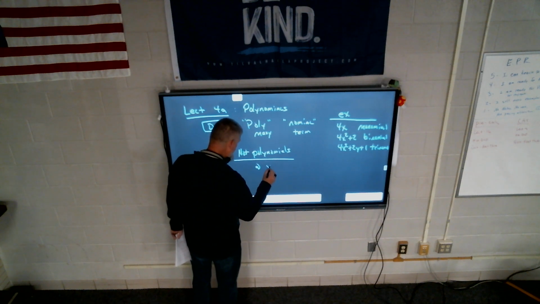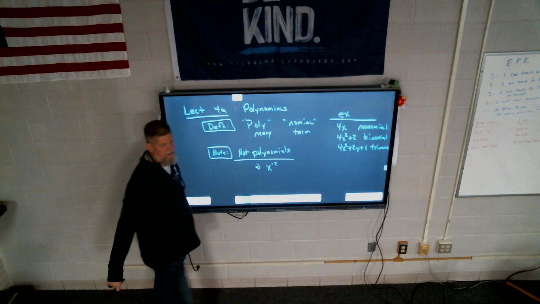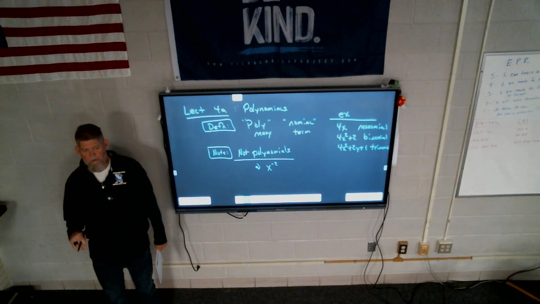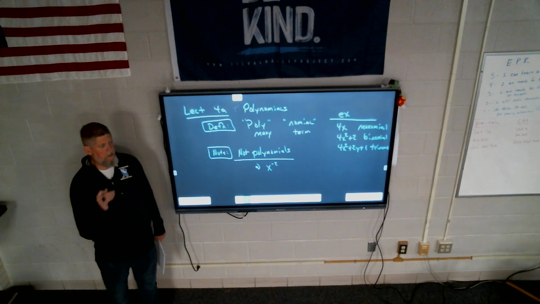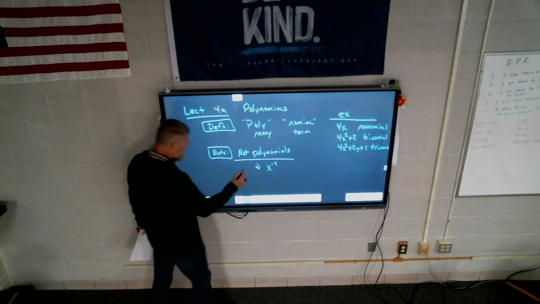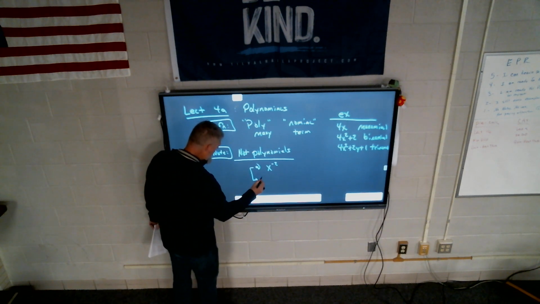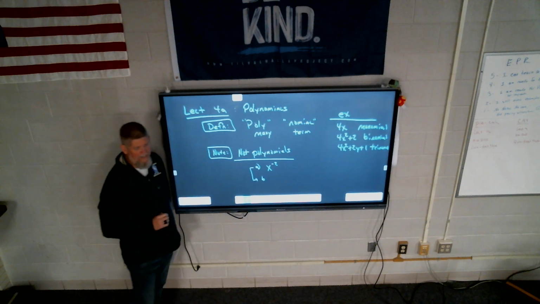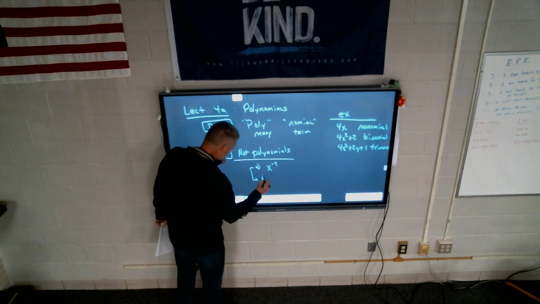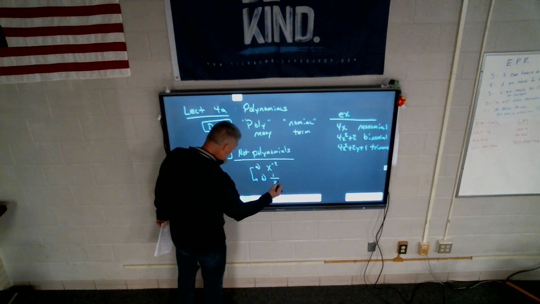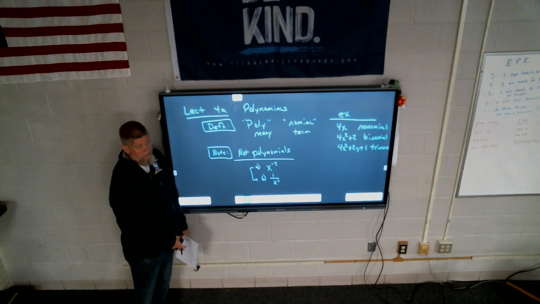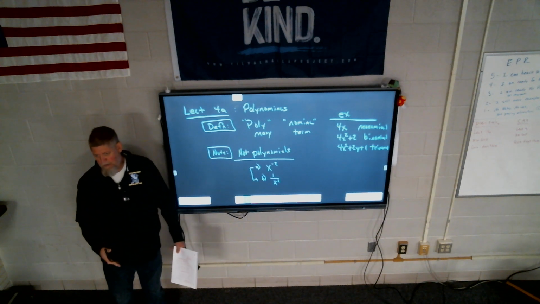If I have x to the negative second, negative integers in the exponent are not polynomials. How do I get rid of that negative exponent? Put a 1 over it, right? So 1 over x squared. If I have a variable with an exponent in the denominator, that's also not a polynomial.